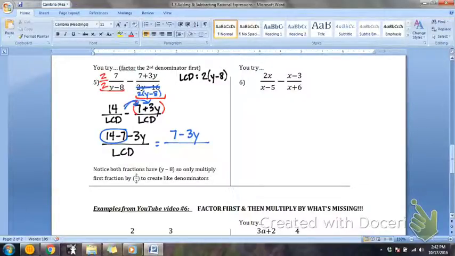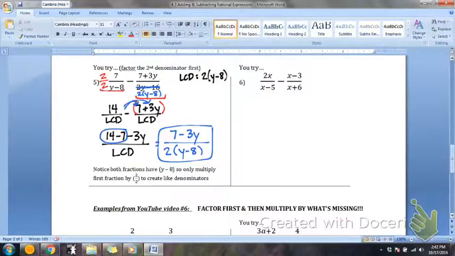No. So my numerator is finished. You can write it as negative 3y plus 7 if you want to, but it doesn't matter. Then I'm going to have on the bottom 2 times y minus 8. And please do not multiply that 2 back through. Leave it as is.